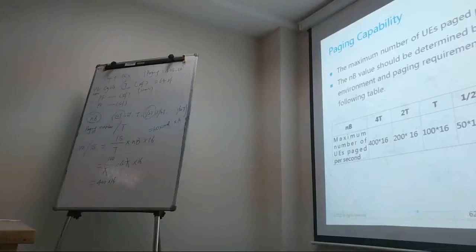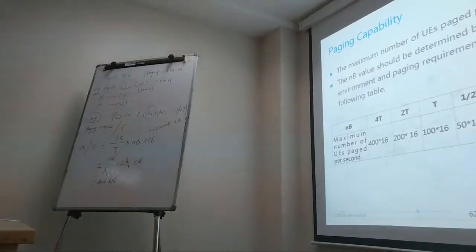So if the TA area you plan is large, you should also set this value large. If the TA you set is small, and the users are not so many, you can set this value small. So when we set the paging capacity, we should consider the different TA values and the traffic module. For example, at a BST, even if we configure the TA not very large, the building contains many people.